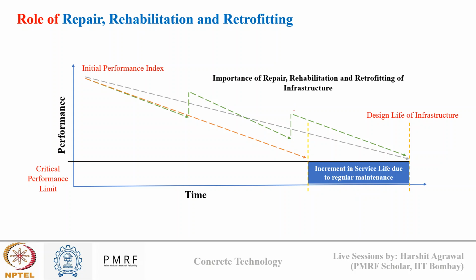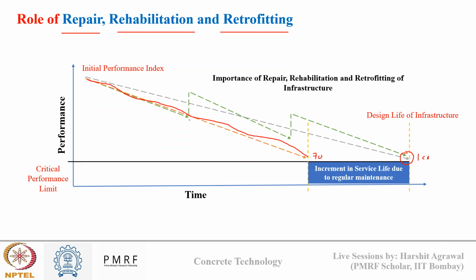Now, how to counter this degradation? To counter, we have repair, rehabilitation, and retrofitting techniques. After timely intervals, so this is my structure response, and I want a service life of this value. Right now it is, suppose, 70 years, and I want a service life of 100 years.